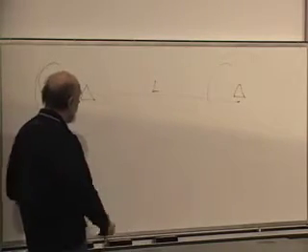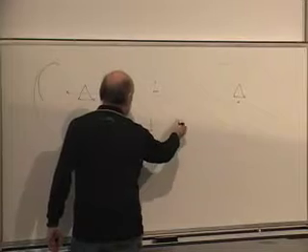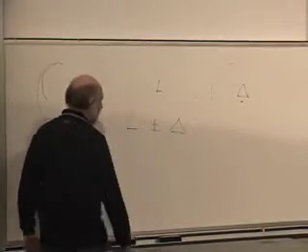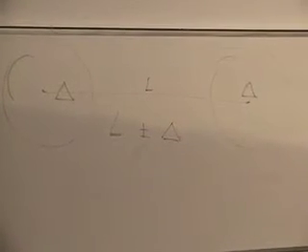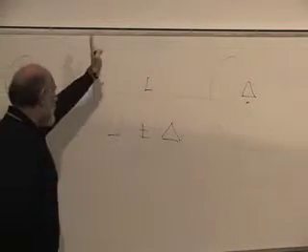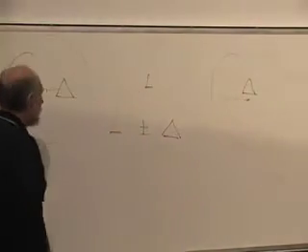We know the separation is L plus or minus something of order delta. In other words, the distance of separation is L with an uncertainty which is of order delta. 2 delta or a half delta, that's not the important thing.